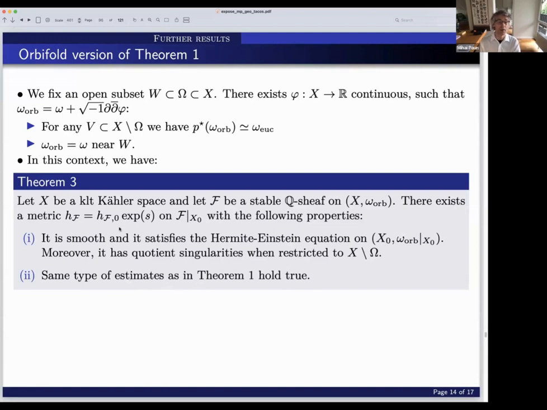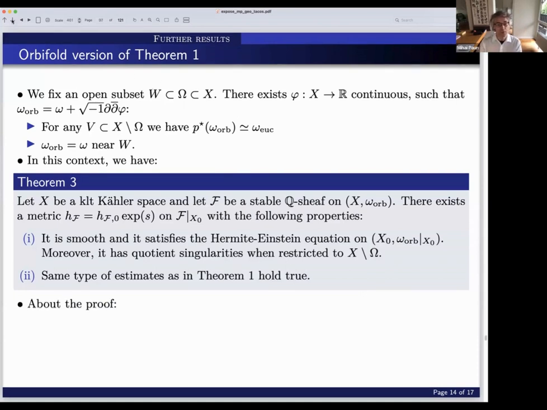So somehow the trouble with this theorem is that we don't get an honest orbifold metric on F. We only know that this metric has orbifold singularities in the complement of an open subset near the bad locus W.